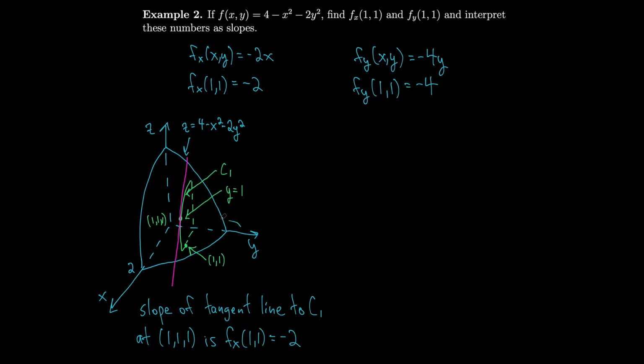Which makes sense if you look at this curve in the xy plane, then you could draw the curve as going sort of downwards like that, so it makes sense the slope of the tangent line would be negative.